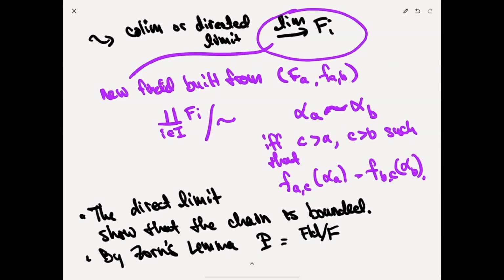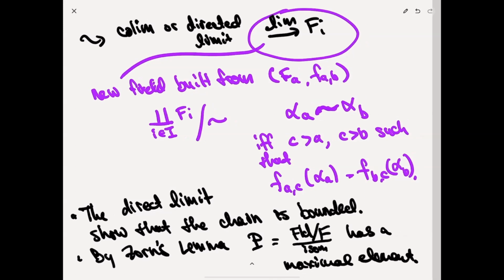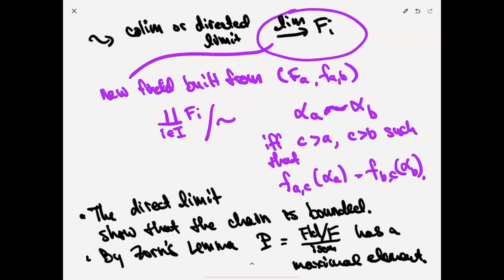It's just a weird notation to say that these are the set of fields that contain F. You can either take it up to isomorphism, or you can just restrict to a collection of fields that are a set. This thing has a maximal element. So by definition, there's some maximal element.